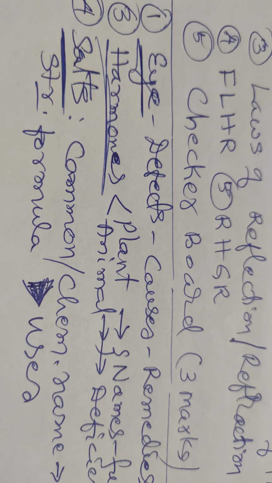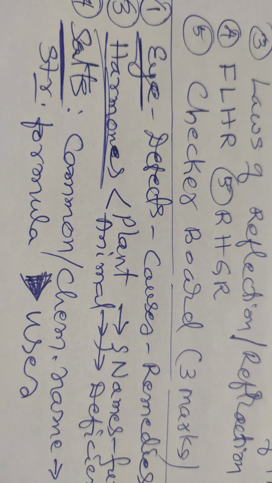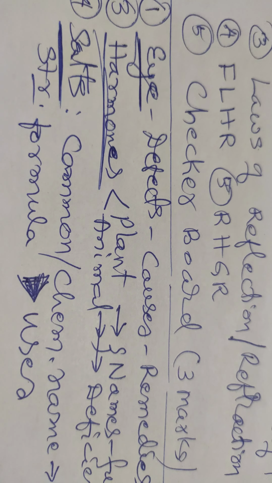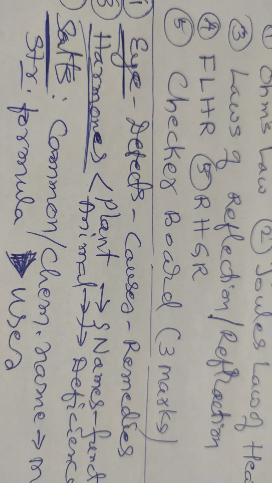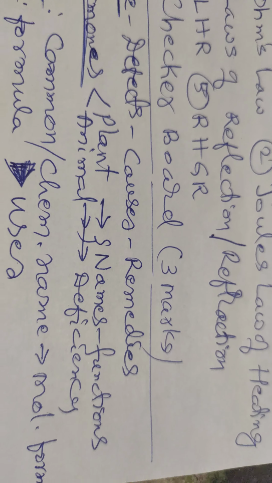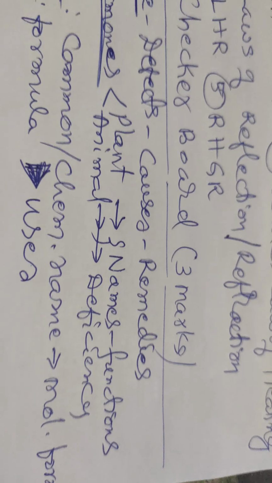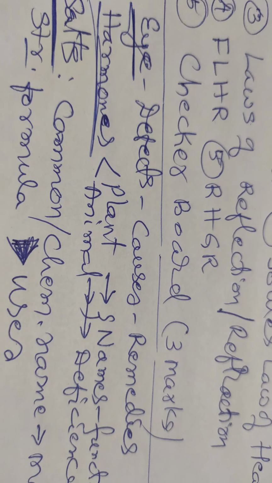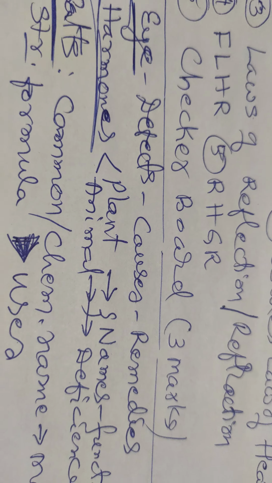Again, come to salts. Common names of salts, for example bleaching powder, their chemical name, molecular formula, structural formula, and their uses. Like this, definitely you will be asked different questions.